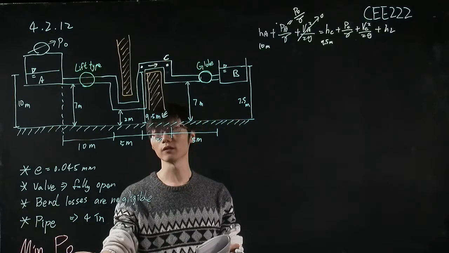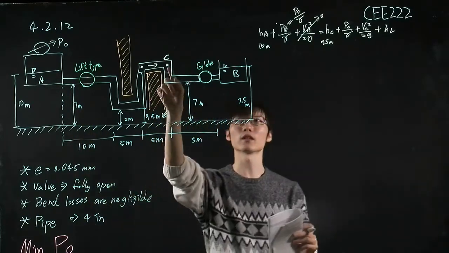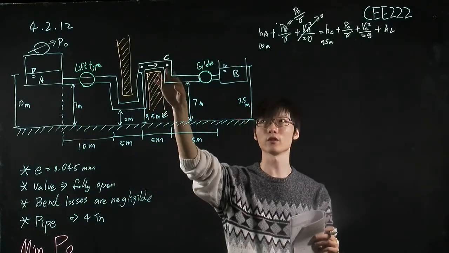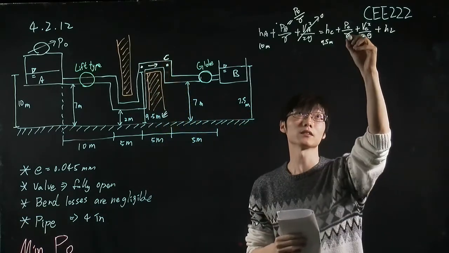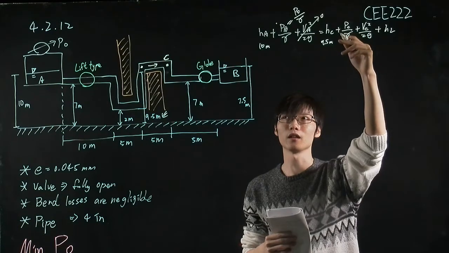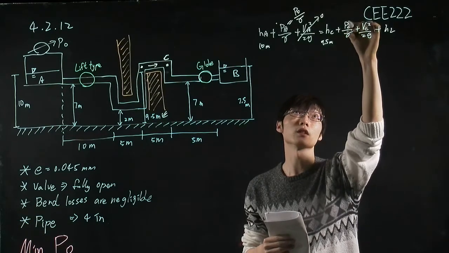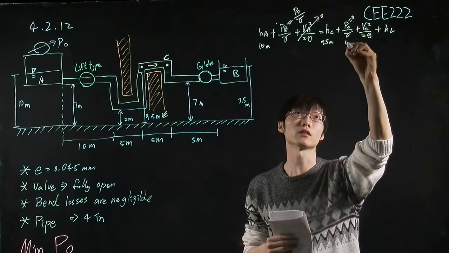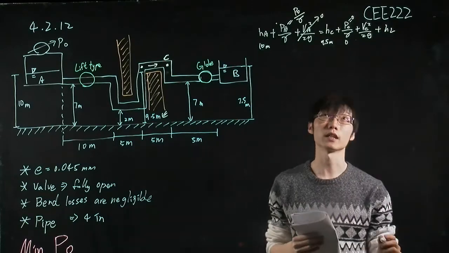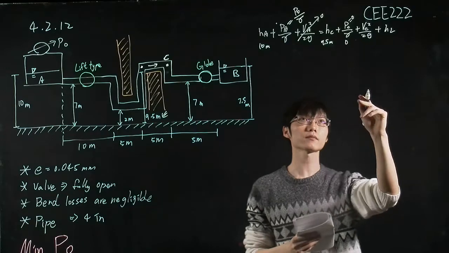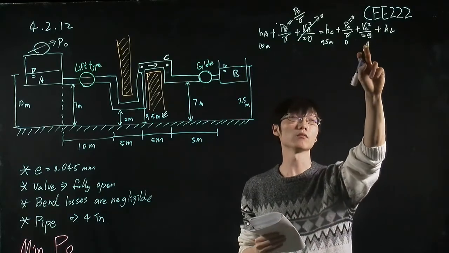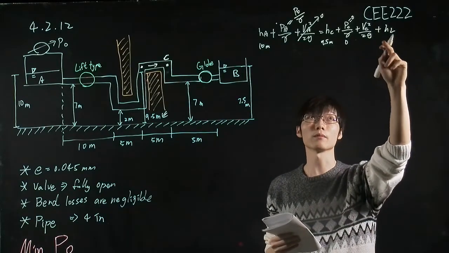So we want to find the minimum P naught, and we choose a threshold for point C. That means we want to make sure the pressure is positive, so we choose PC equal to 0. So this term is 0. Okay, that is the minimum pressure that we can have at this point. And we don't know the velocity, so we need to keep this term.